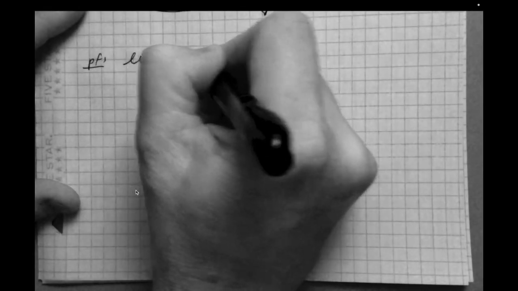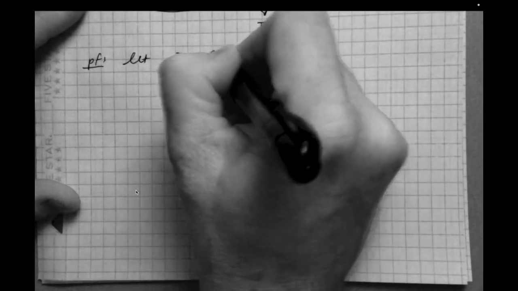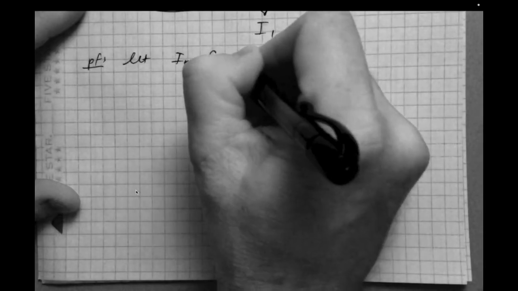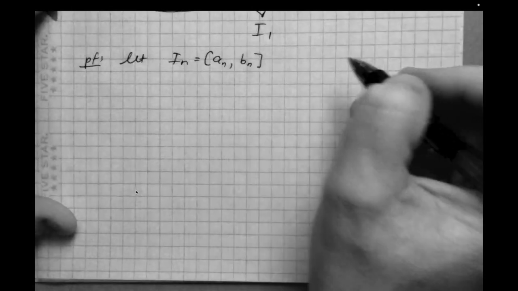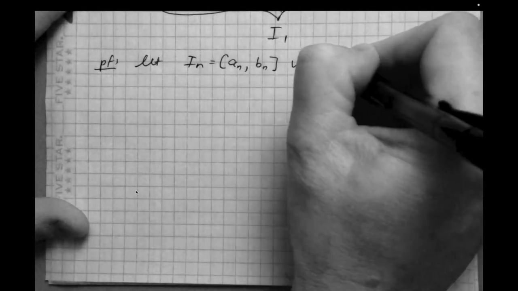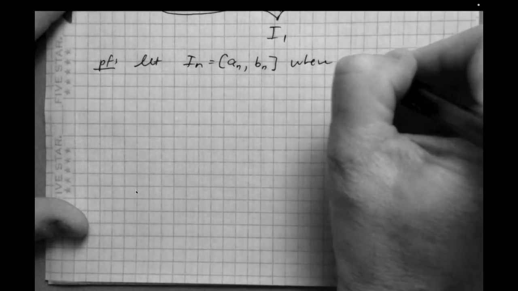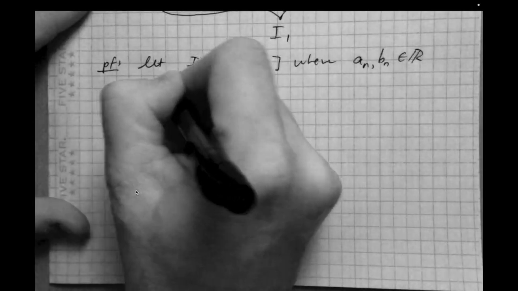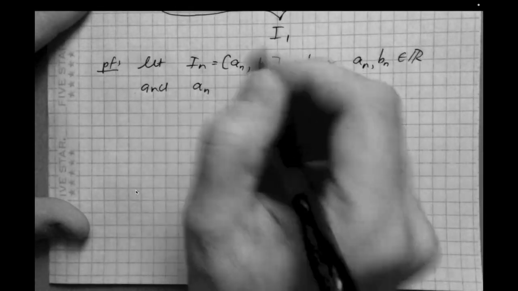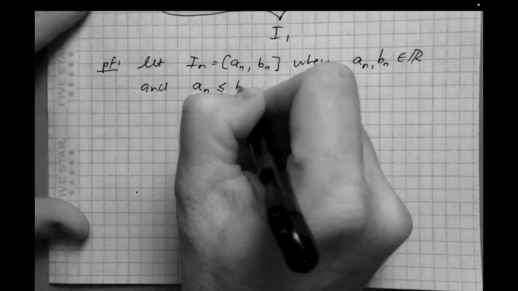So let I sub n equal the interval a sub n to b sub n, just exactly what we've drawn above, where a sub n and b sub n are real numbers. Just to clarify, a sub n must be less than or equal to b sub n.